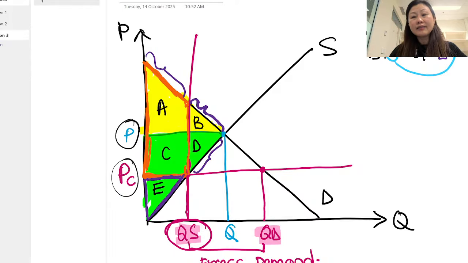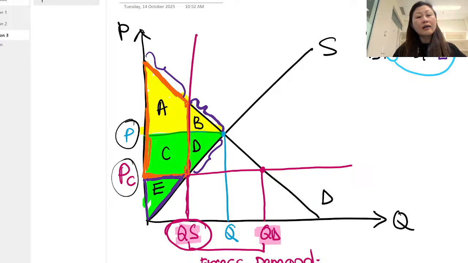Consumers are now getting A plus C. Suppliers are only getting E. Therefore, your suppliers are worse off. Is everybody okay at this point? I'm assuming everybody's all right because the chat is very quiet, which is good, not a bad thing.